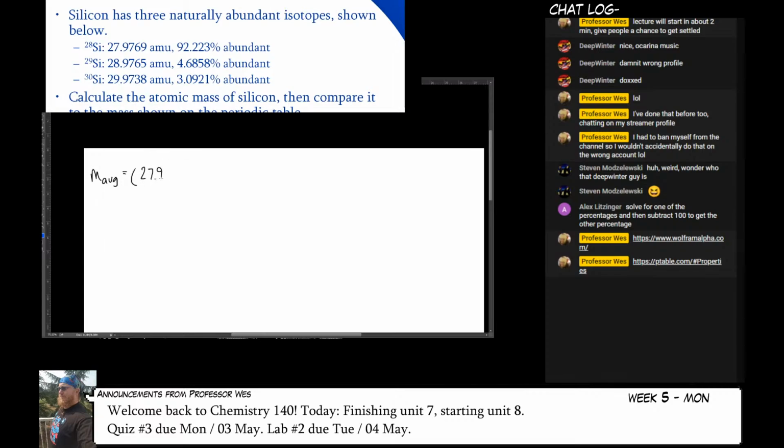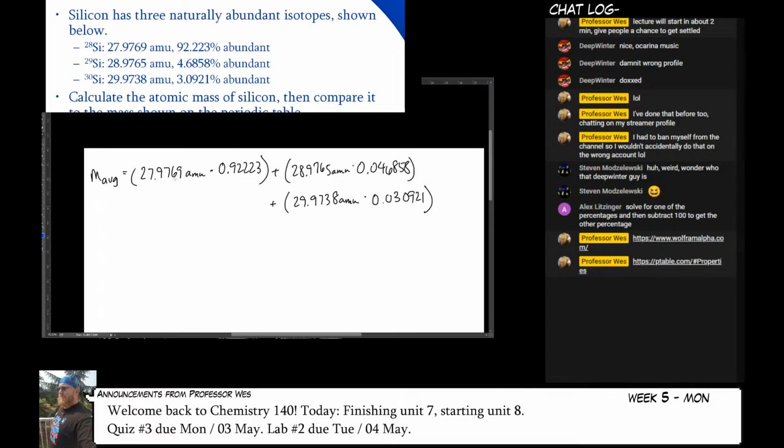So I'm just going to go straight to the numbers here. 27.9769 times 0.92223, plus 28.9765 for the second isotope times its abundance, 0.046858, plus silicon 30, which is 29.9738 AMU, times its abundance, 0.030921.